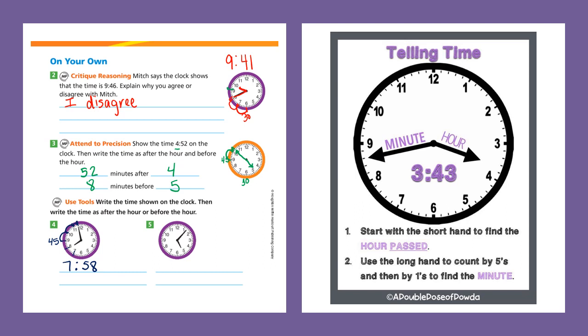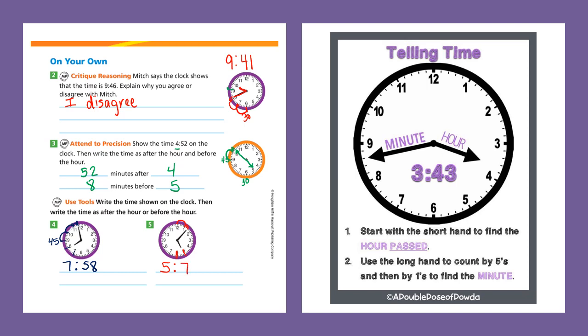And number 5. Okay, the hour hand is between 5 and 6. So the hour is 5. And the minutes, well, let's see, 5. And then we have 6, 7. So 5 with 7 minutes.